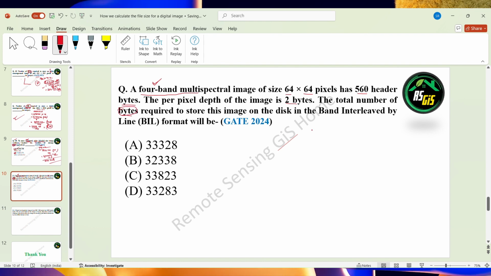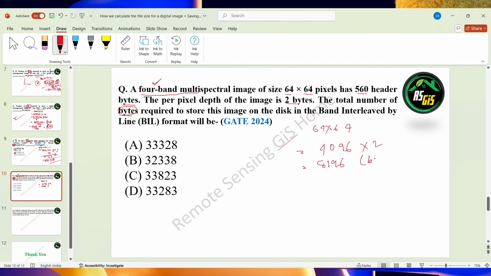Our formula is: at first we multiply the vertical and horizontal pixels. So 64 into 64 gives 4096. Then we multiply it by the depth, which is given as 2, so we get the value 8192.